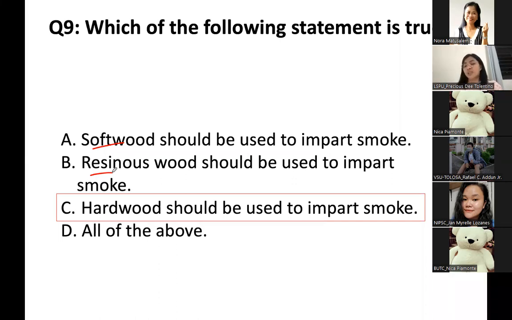So the best na ginagamit is hardwood, kasi pag gumamit ka ng softwood or mga resinous wood, pumapait yung mga smoke products. So better talaga si hardwood na gamitin kasi konti lang yung kanyang resin, hindi mapait yung smoke product. Okay? Hardwood, tandaan ha, not softwood.